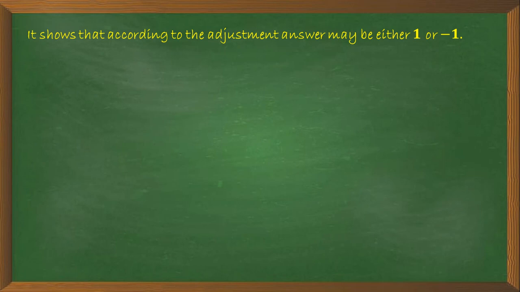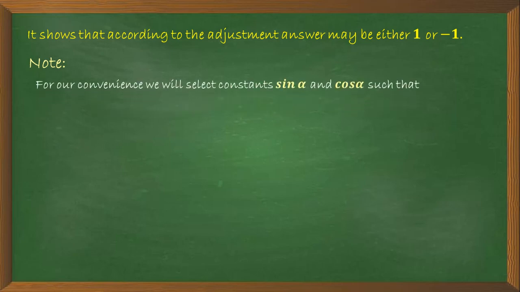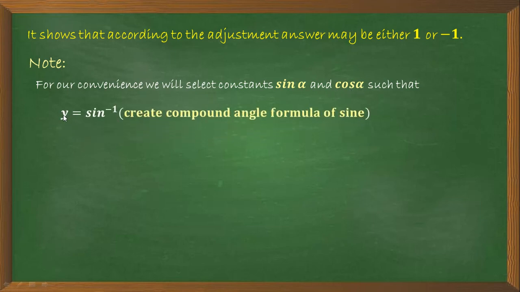Okay, now note one thing that we have to remember while solving this type of question. For our convenience we will select the constants sin alpha and cos alpha such that, remember, if the expression is y is equal to sin inverse, if there is a sin inverse, then select the constants sin alpha and cos alpha such that we can create the compound angle formula of sin ratio.